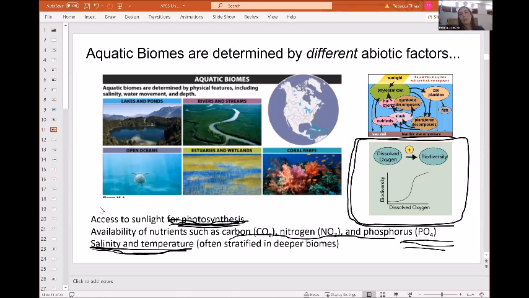So when we look at biodiversity numbers in an aquatic system, the more dissolved oxygen there is, we typically see a greater amount of biodiversity, meaning that aquatic biome has enough oxygen to support a variety of different species, some that are oxygen demanding and others that are not. So one really good indicator of poor water quality or a threatened aquatic biome is if you test the water and there's low dissolved oxygen.